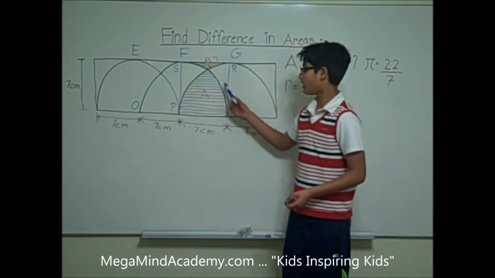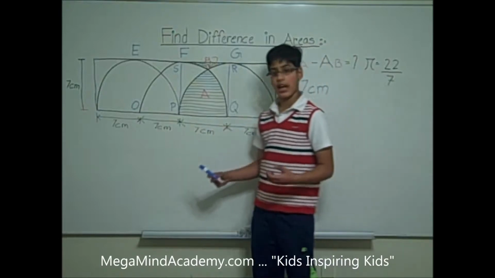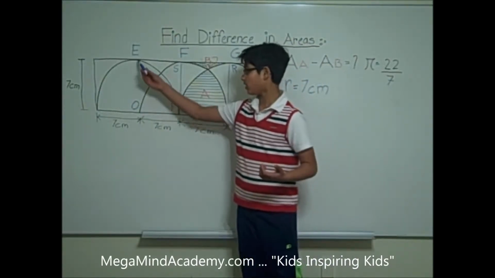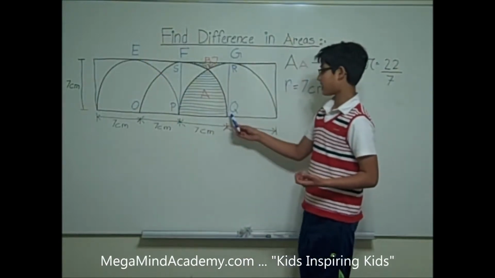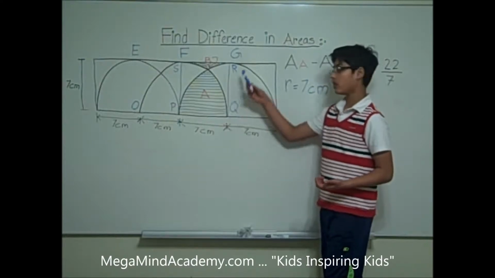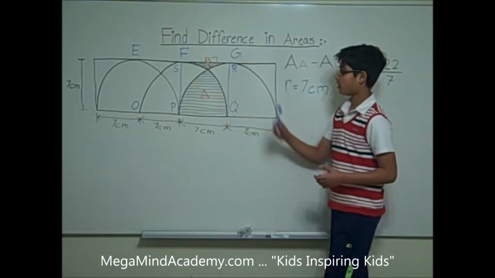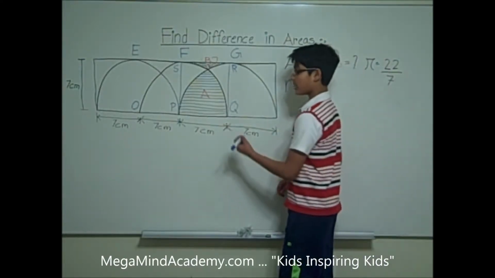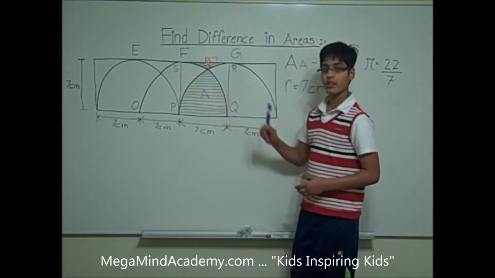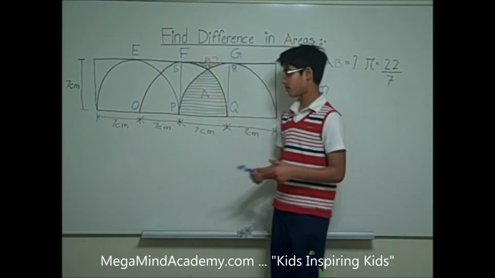Semicircle F starts on center O, which is the center of semicircle E, and ends on center Q, which is the center of semicircle G. So, this means that each of the unshaded portions, here and here, are equal to each other.